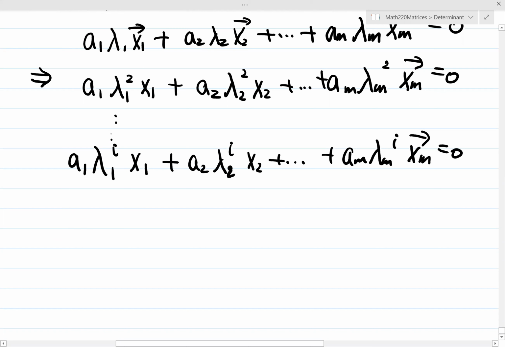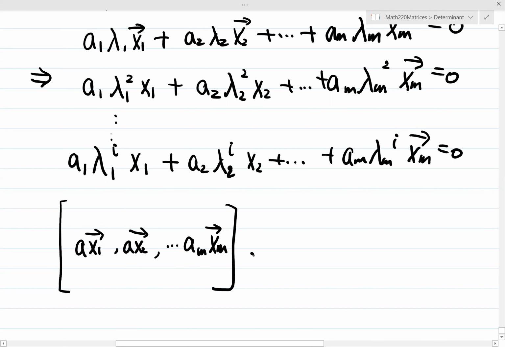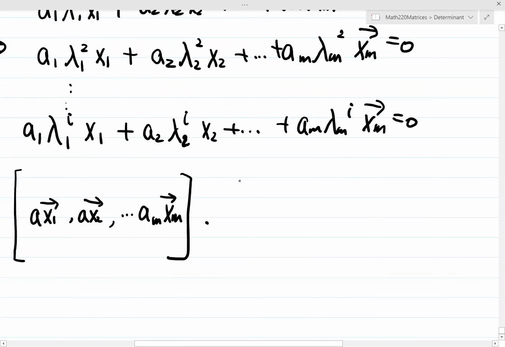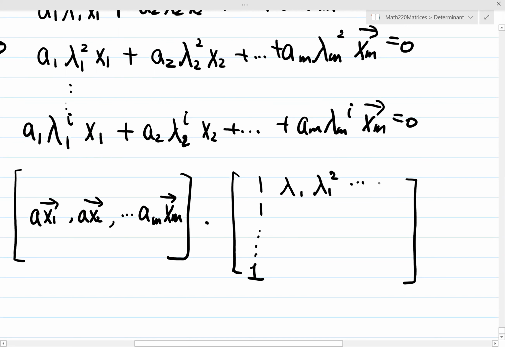We write it in this form: the matrix with column vectors a1 x1, a2 x2, up to am xm, multiplied by this coefficient matrix with rows of ones, lambda 1, lambda 1 squared, up to lambda m to the power m, equals 0.